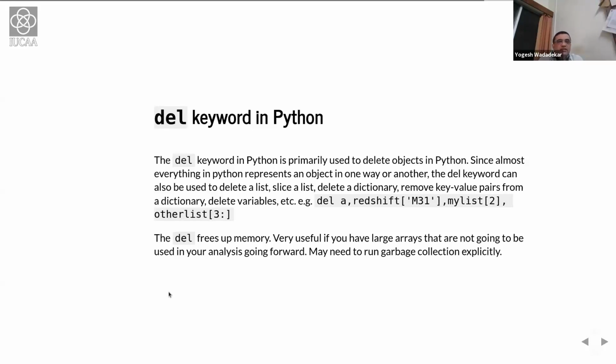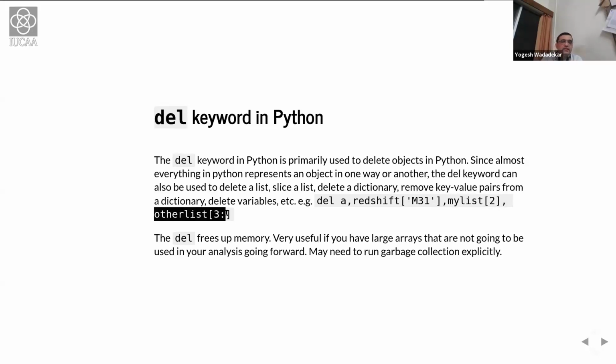So I've given this example code here. del a means delete the variable a. Here, from the redshift dictionary, delete the entry for M31 when the key is M31. Here del mylist[2] means delete the third element of the list mylist. And for other list, this is a slicing operation.